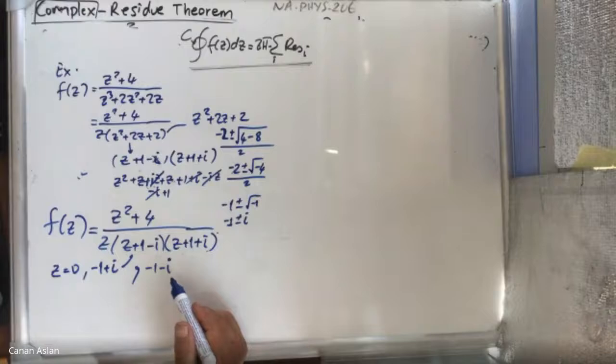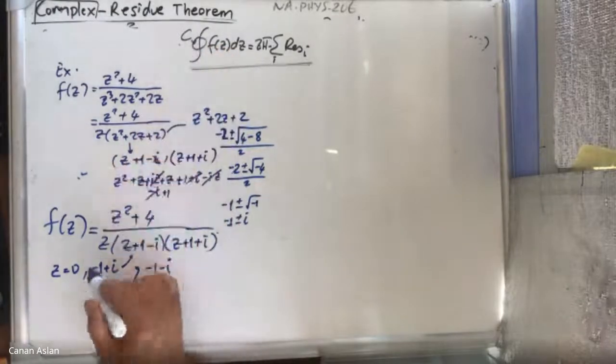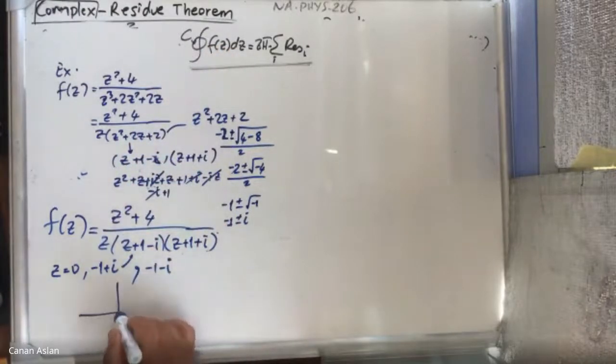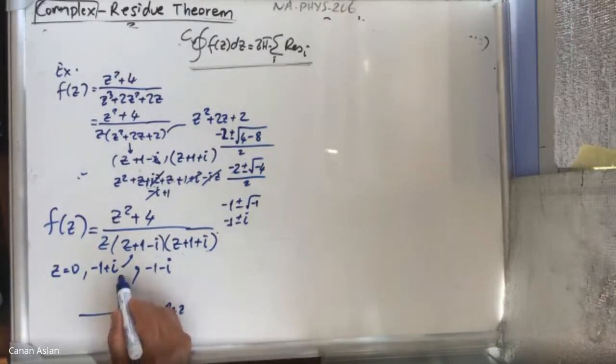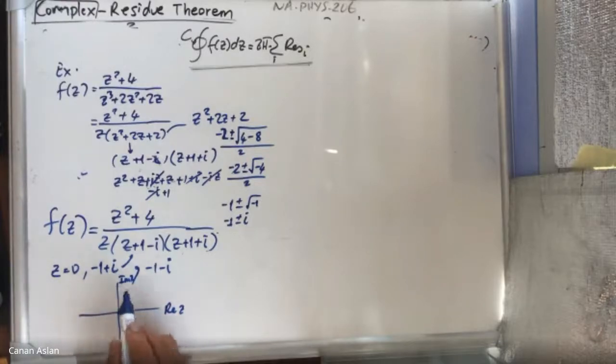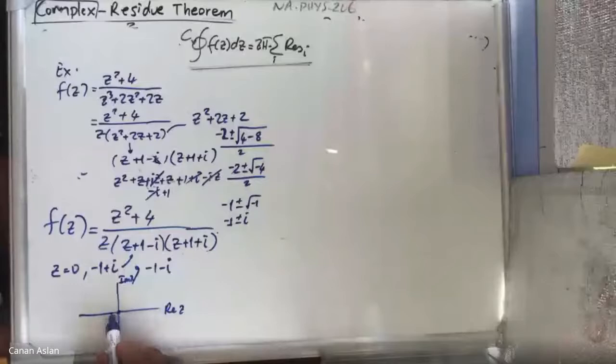Now, if our curve includes all these, let's see where they are. Let's put this in the complex plane. This is real z, and this is imaginary z. So z equals 0 is in the middle. Minus 1 plus i: real is minus 1, which is this side, and plus i is right there, so it's this point.